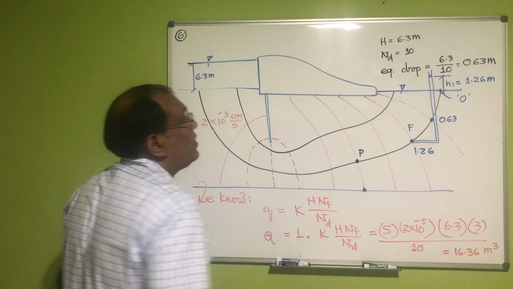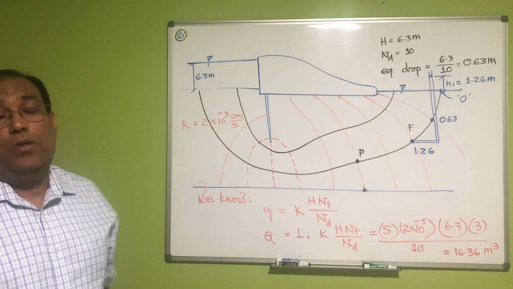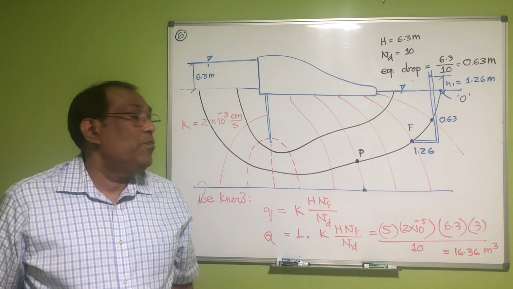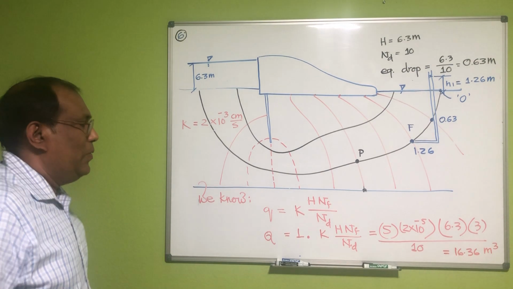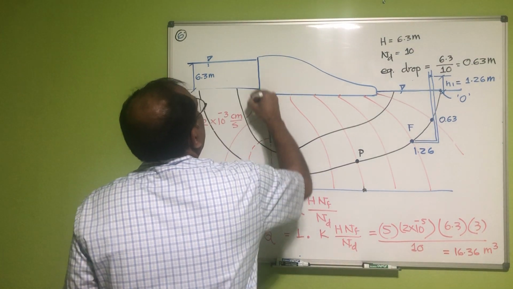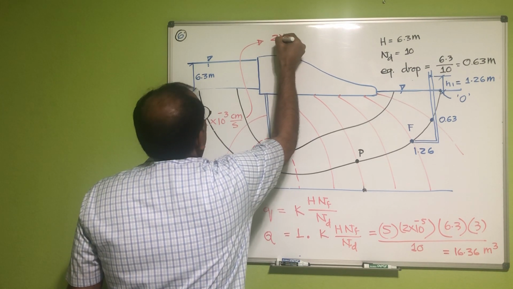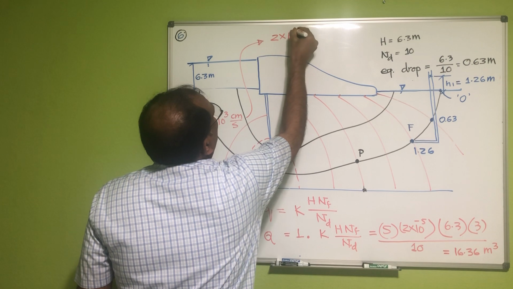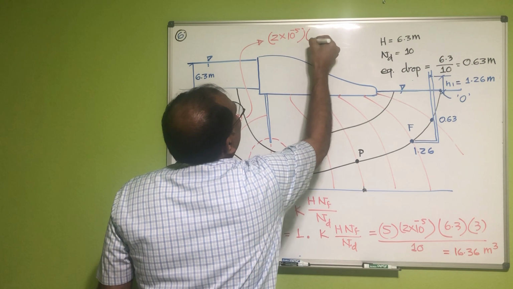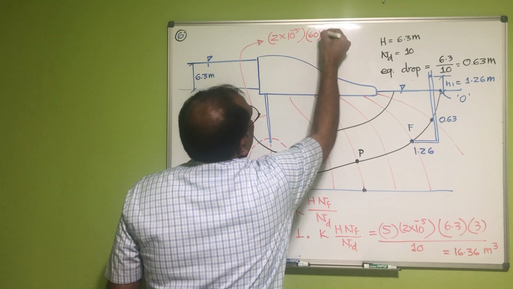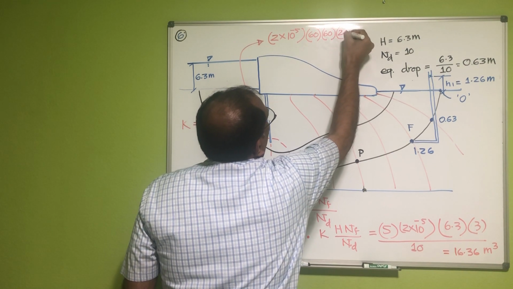But you have to remember one thing here, that since this one is per second and we are trying to find out the flow rate per day, you have to convert that one per day. So if you convert that one per day here, then basically that would be 2 into 10 to the power minus 5 meter per second, and 60 seconds per minute, 60 minutes per hour, and 24 hours per day.